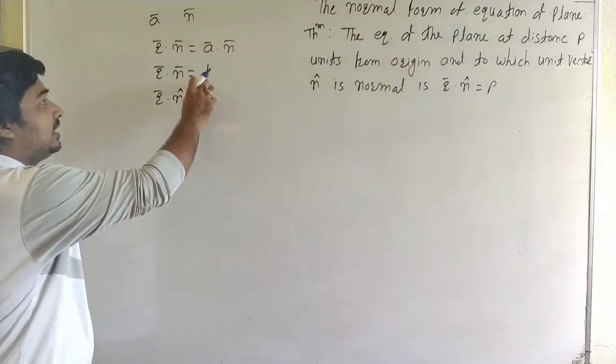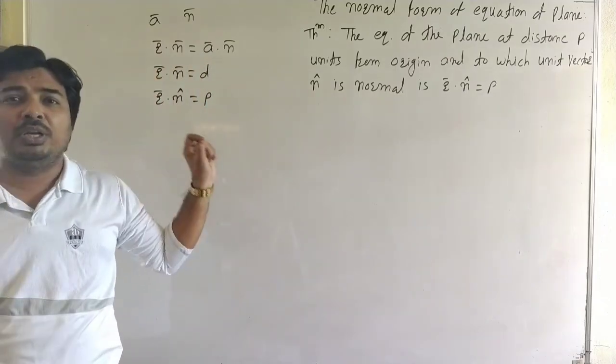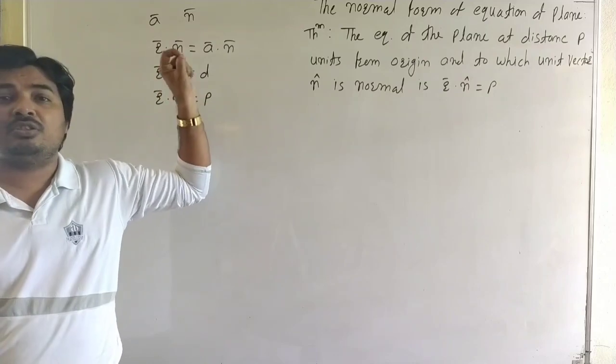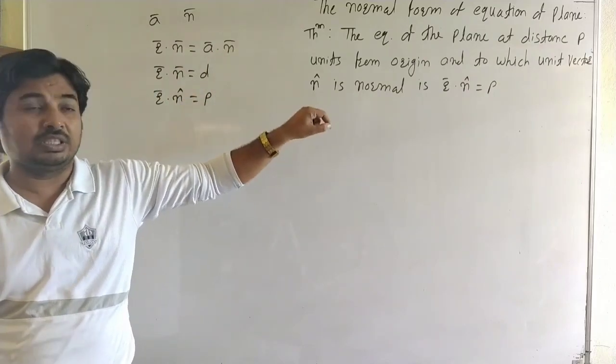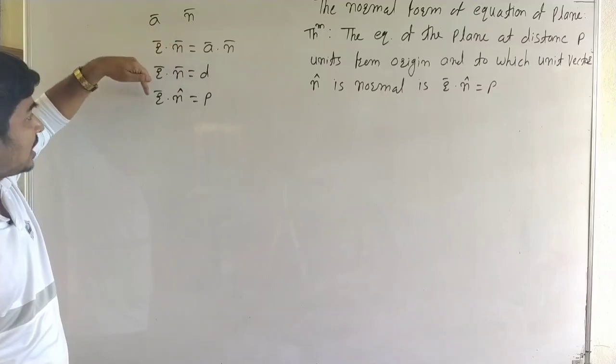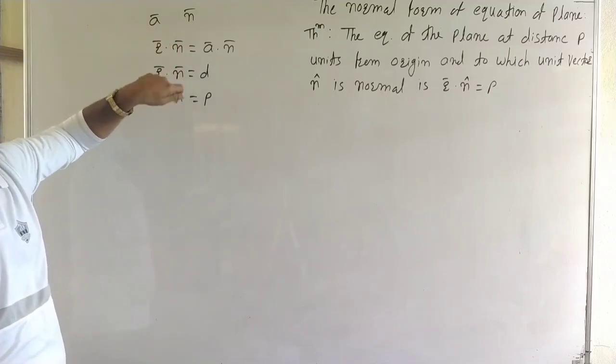In the first equation, d is not the distance of the plane from the origin. Also, n bar is a normal vector, but n cap is a unit normal.